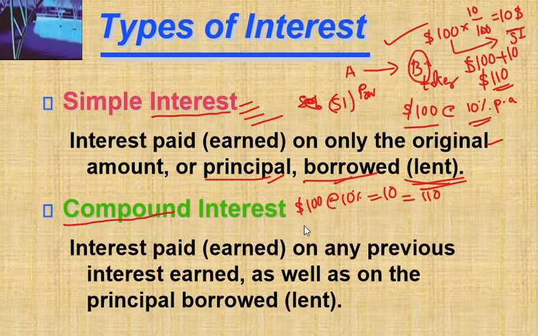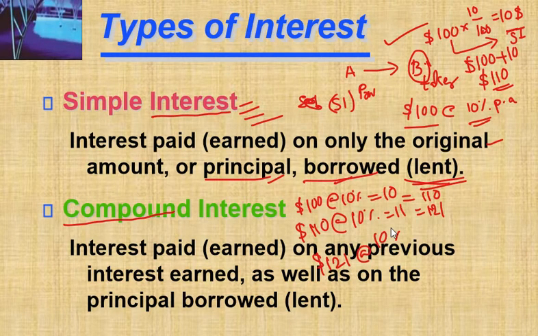But in the second year, the principal amount is 110. The amount we are using for calculation of interest is 110. At the rate of 10%, this is 11. The total amount due is 121. Then here you have to take 121 at the rate of 10%.